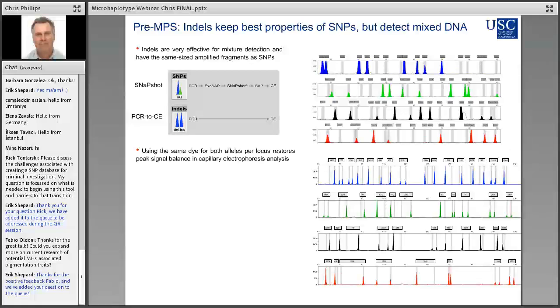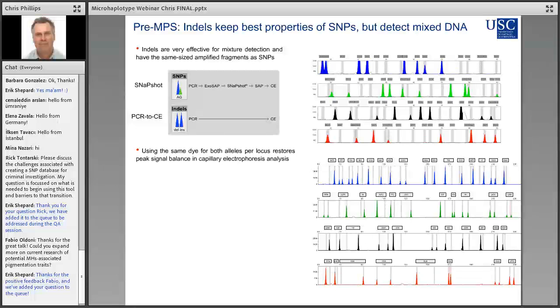With SNPs, that's not possible because they're predominantly binary. So we started to introduce triallelic SNPs for mixtures, but you're stuck with the technique. SNaPshot is very much anchored to the dyes that are used, and different dyes for different alleles means that you get very different peak heights within any one SNP marker.